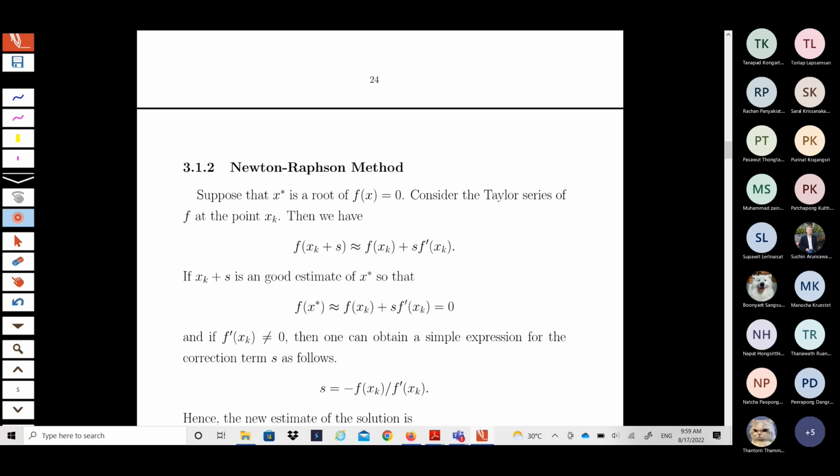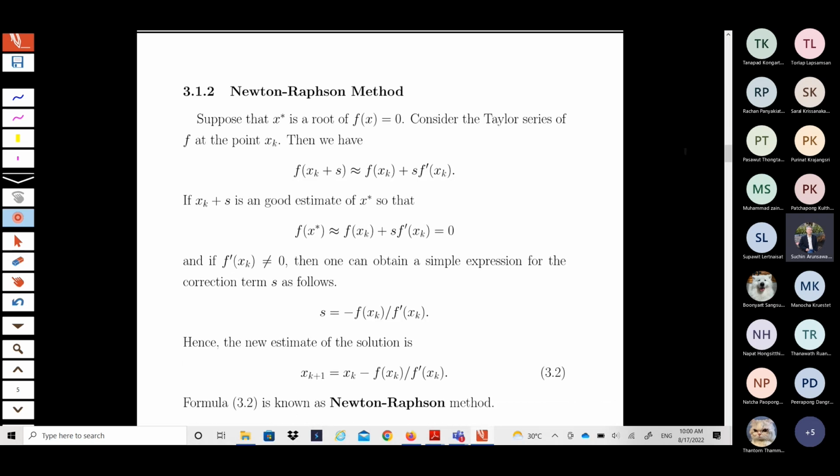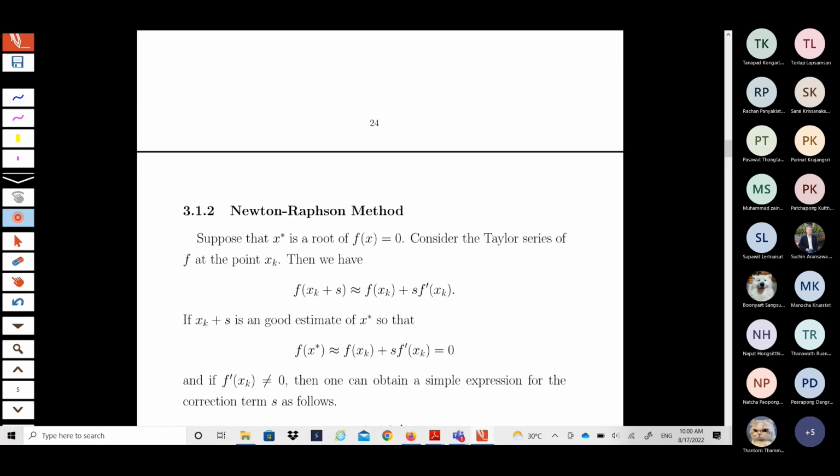Then we use the Taylor series, and we suppose that xk is a current iterate.